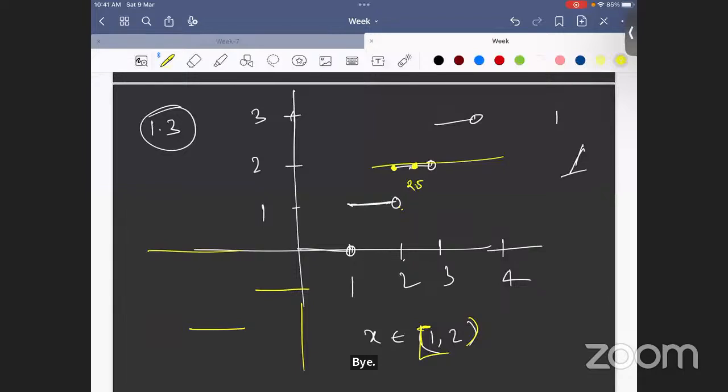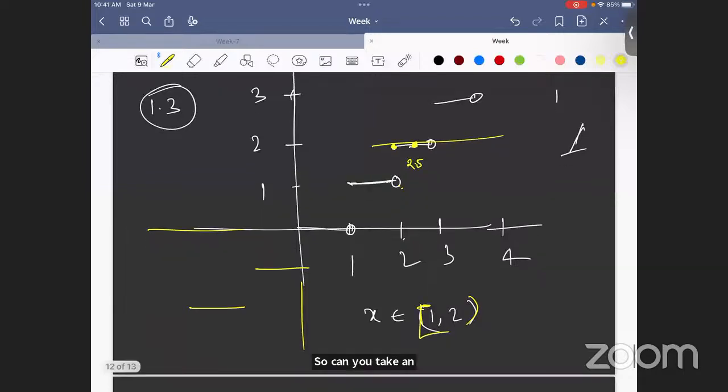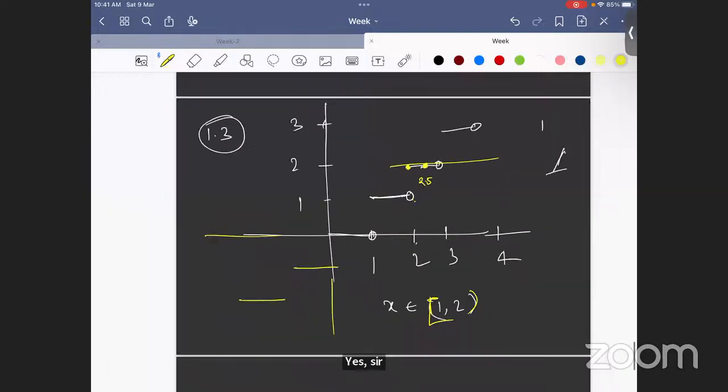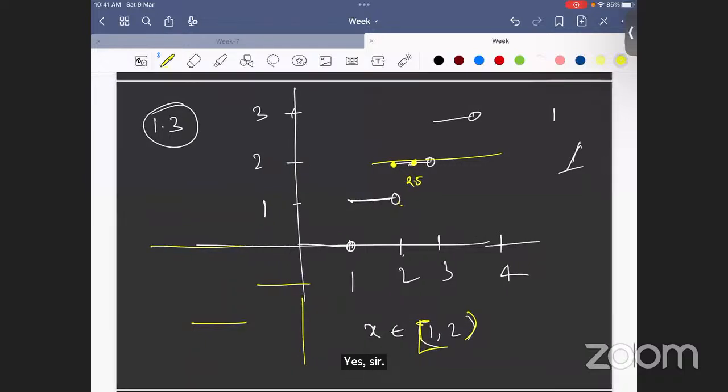So I guess this is clear, right? Yes, sir. Can you take some examples of when this can be applicable? In a lot of places, like generating random numbers, right?